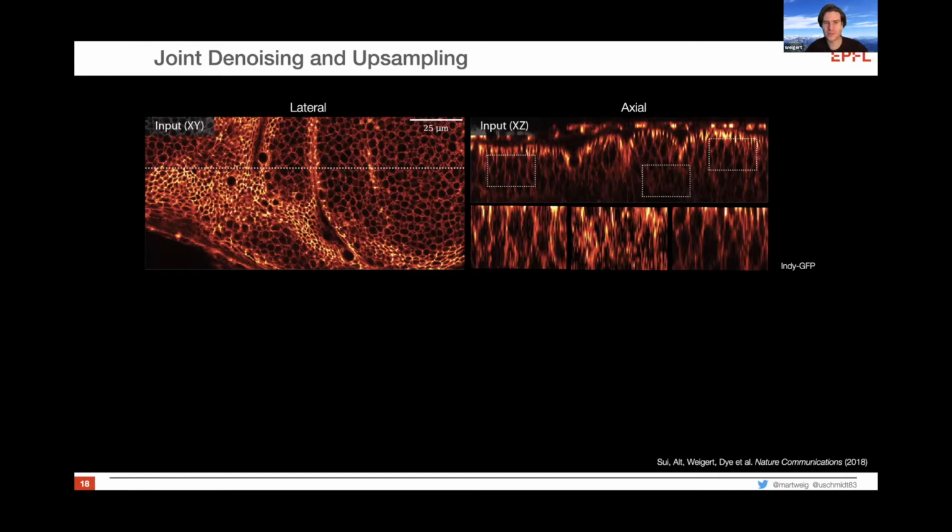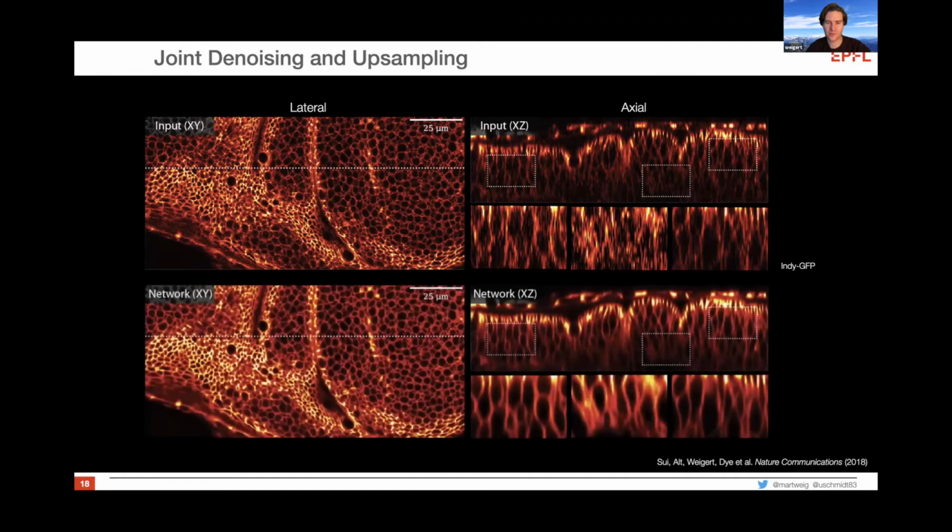But of course, you can do the same trick by using some of those stacks at the beginning, quite fast in succession, acquired undersampled, or less well sampled, in Z, and a highly sampled stack in Z with very high camera exposure directly afterwards, and combine those stacks, gathering paired images, and then trying to recover one from the other.